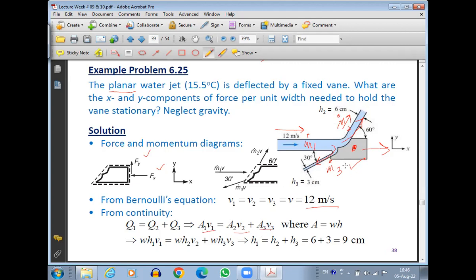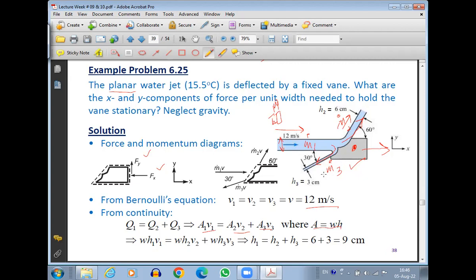These jets are planar water jets, so each has a height and a width because they are basically rectangular sections. Area will be height times width, and the width is the same, equal to the width of the vane.